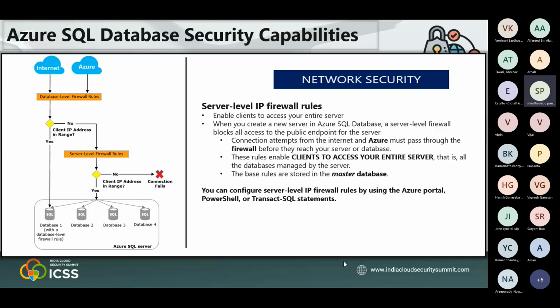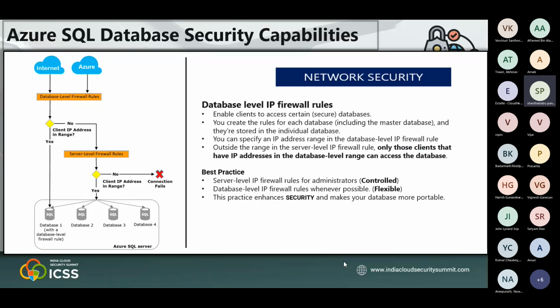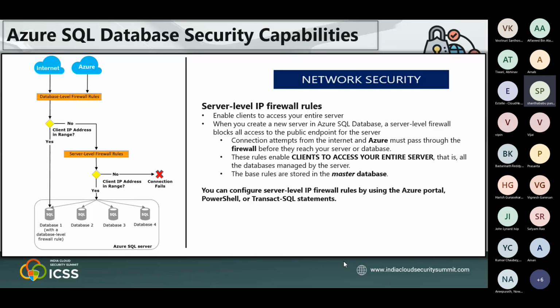We have two major network security things. One is server level IP, and another one is database level IP, right? When you talk about database level IP firewall rules and server level IP address firewall rules, these are a little bit different.